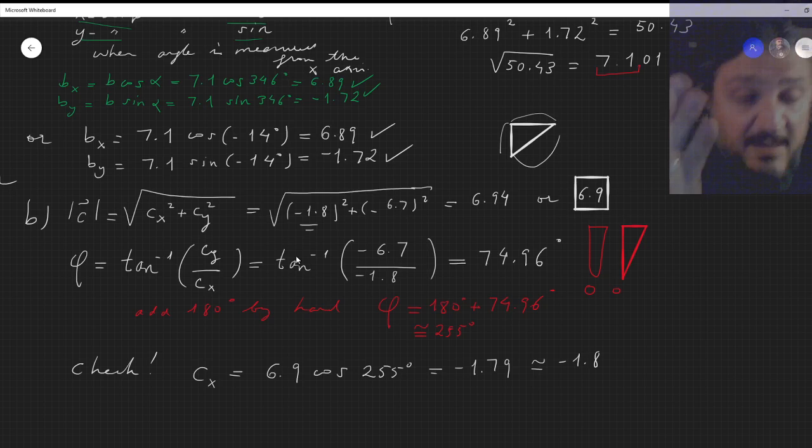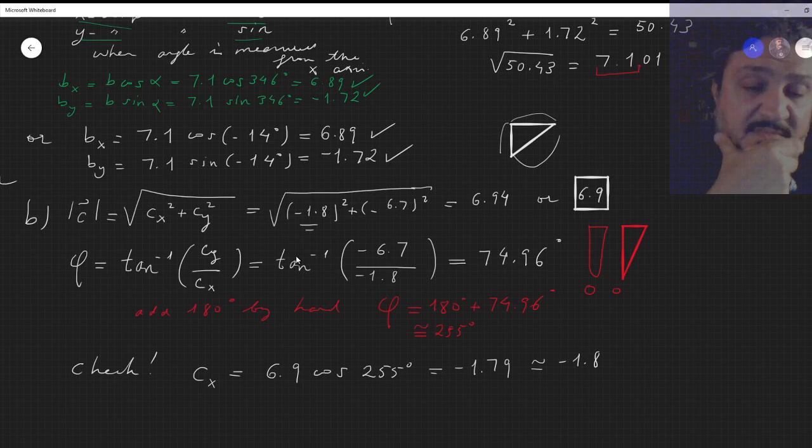So that's how you find the direction of C. If you don't want to use arctangent, if you just want to use the good old triangle method, you can. Then you have to say, I'm looking for this angle over here, and I'm going to call it gamma. Now I want to use cosine.